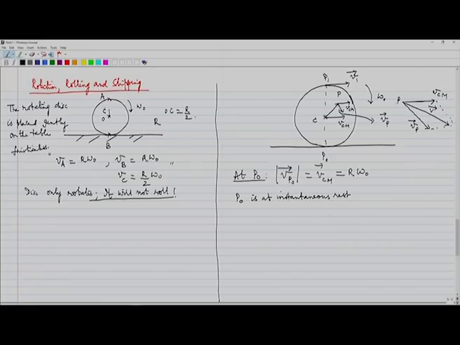So we call it VCM, the velocity of the center of mass should be the same as R omega naught. As long as this is maintained, this is the condition for rolling without slipping.